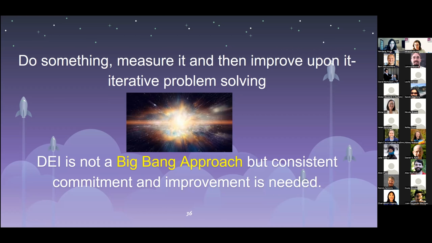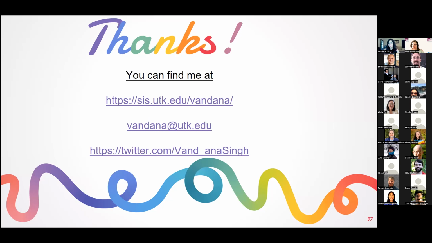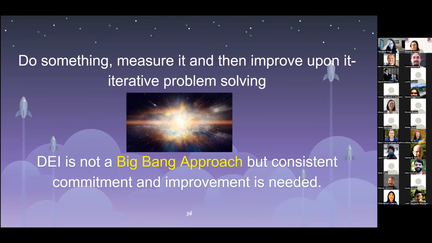But it's consistent improvement and commitment that is needed to do these things. So please continue to do that. And with that, I'm at the end of my slides. Here is my website, my email, and my Twitter as well. And any questions that you all have, I would be very happy to take questions, comments, or anything.